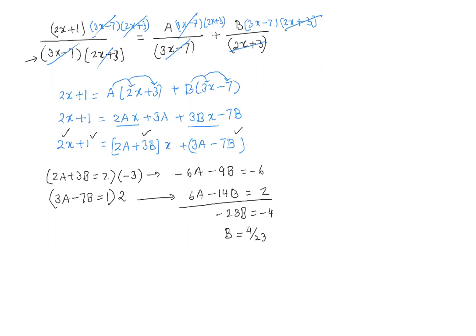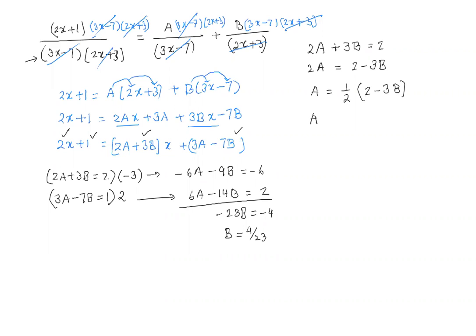Now that you found B, you can go ahead and find A easily. A is going to be what? So we have one equation, 2A plus 3B is equal to 2, or 2A is equal to 2 minus 3B, or A is equal to 1/2 times 2 minus 3B.